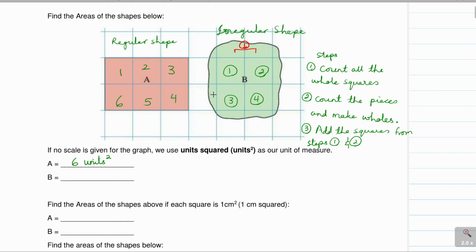Now look at these little pieces. Alright, it might take 1, 2, 3 pieces to make one whole again. Okay, so that's another whole there. And then we could pull this little piece in, right? So we have these 4 pieces making one whole.